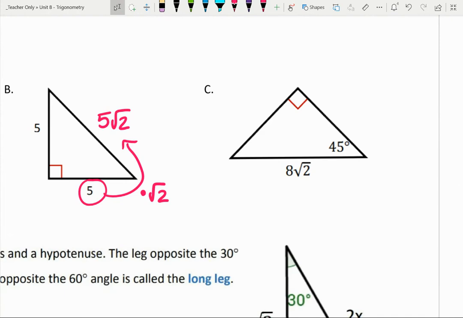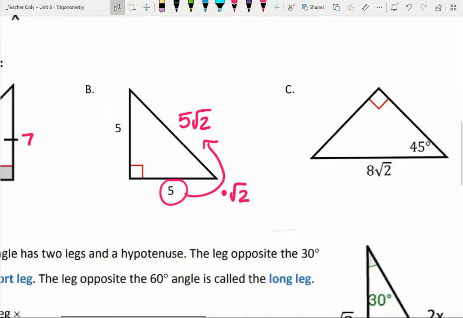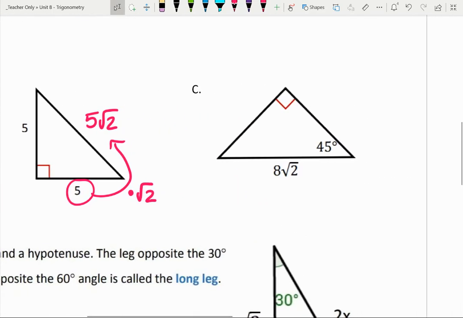I like example C just because it looks a little bit different. It's oriented a little bit differently. Since we're given the side opposite the 90-degree angle, we are given the hypotenuse. Our other missing angle over here would be 45 degrees as well.